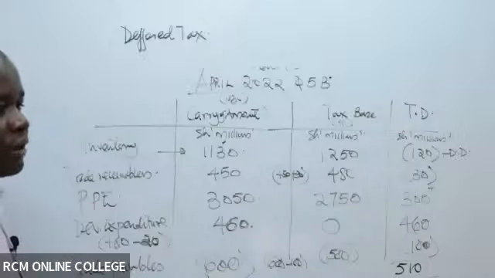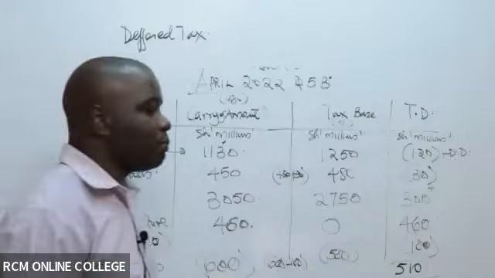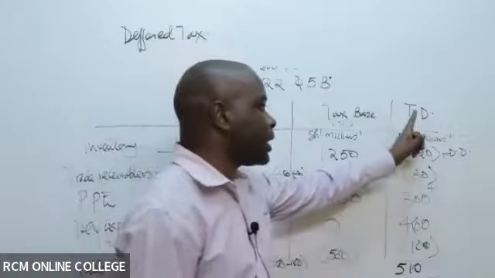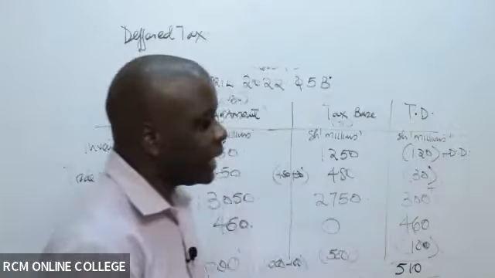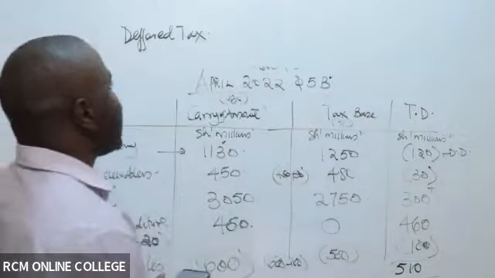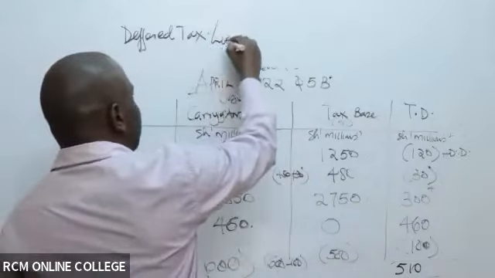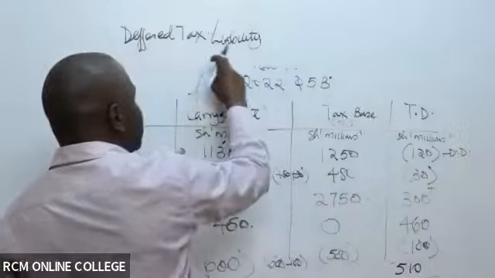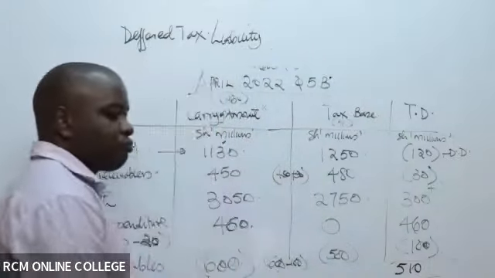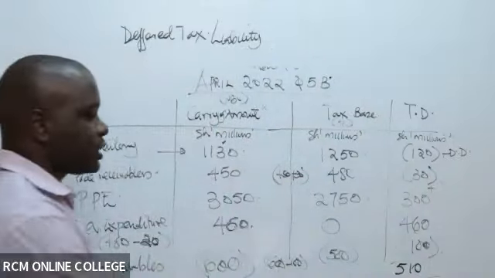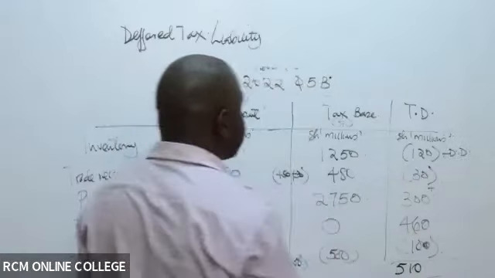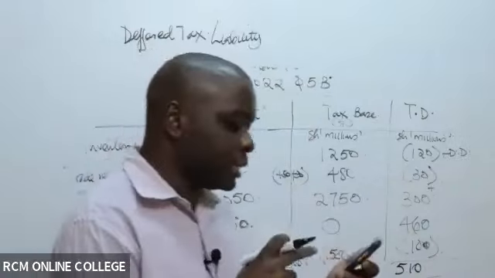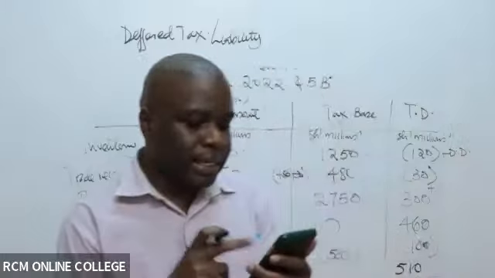It will be a liability. Mumbi, remember you always say when the temporary difference is positive, it will lead to a deferred tax liability. When it is positive, it will lead to a deferred tax liability.